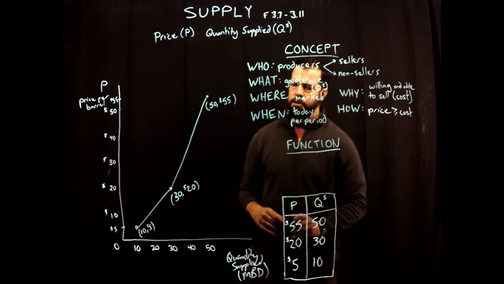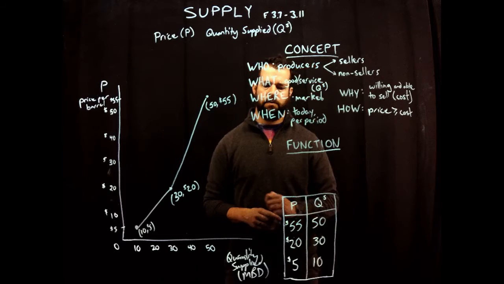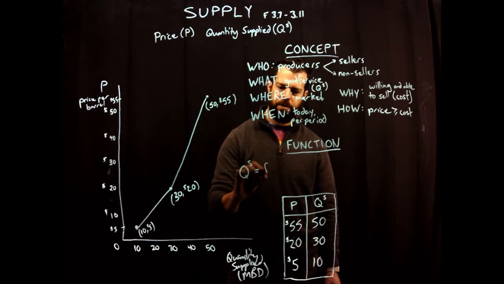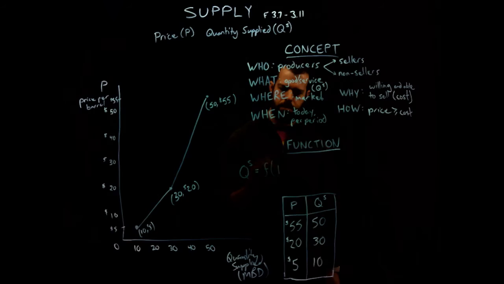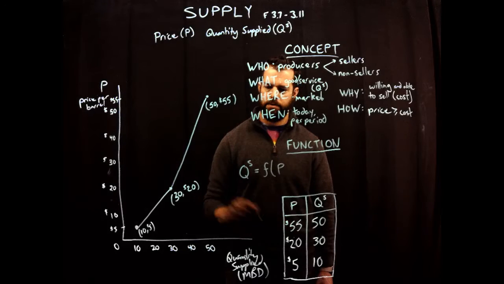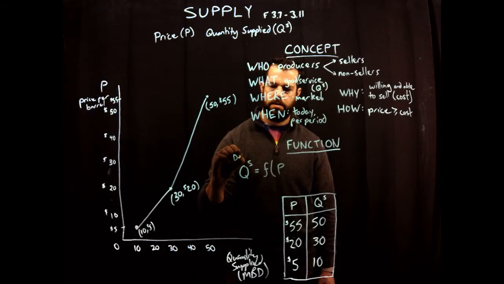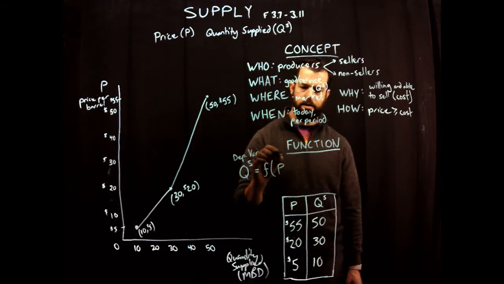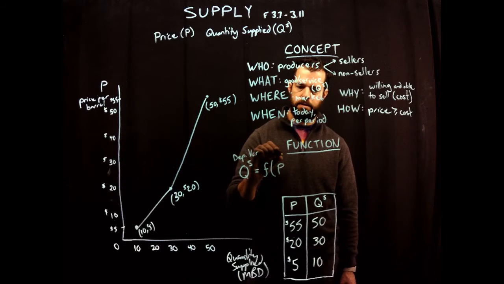Let's take a break and come over to the function here. QS, our quantity supplied, is a function of the price per barrel. This is our dependent variable, and all of these things on the right are independent variables.